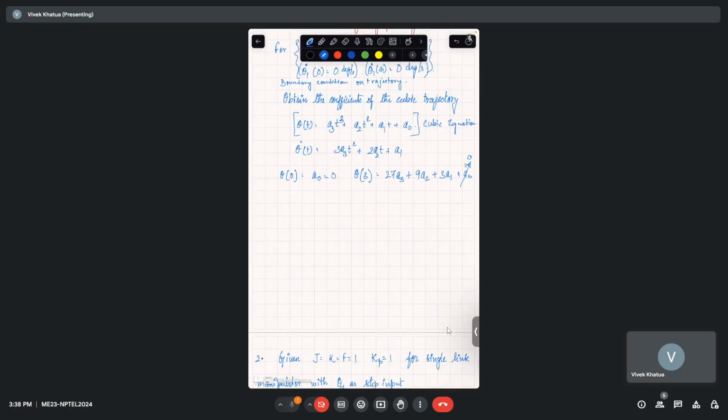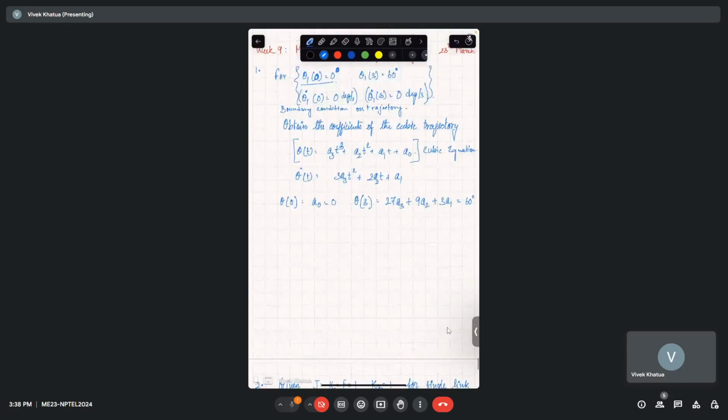Wonderful. This is equal to 60. So I'll just make it equal to 60 degrees, right? Now, for theta dot at 0, it is 0. So what will it be? a1 equals 0. So a1 also goes away. That's 0, right? So we'll just take it off.